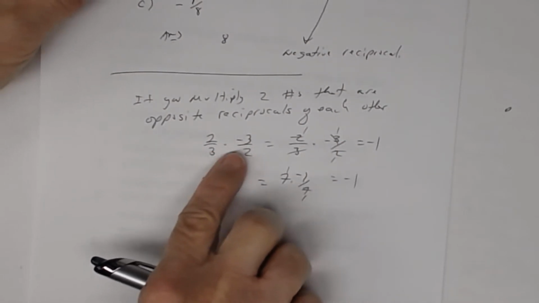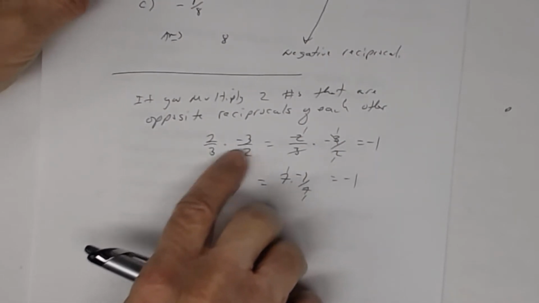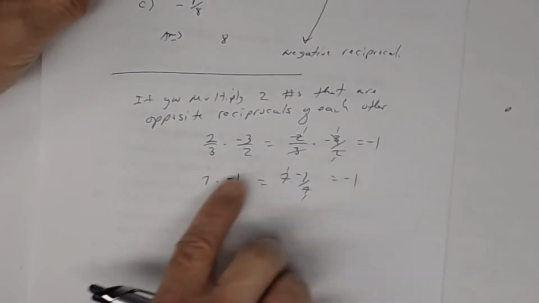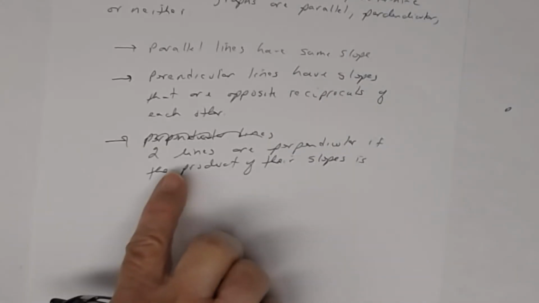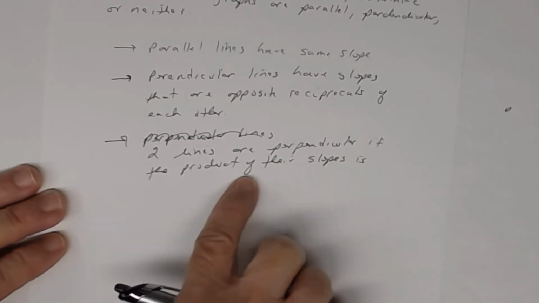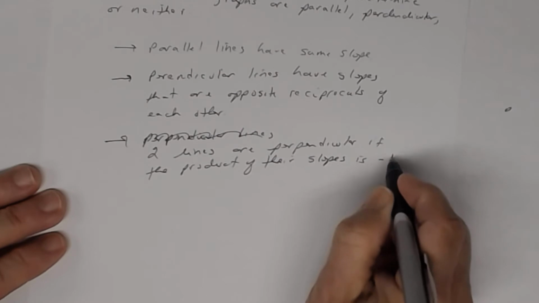So remember, two lines are perpendicular if their slopes are opposite reciprocals of each other, and so their product is -1, right? Okay, so two lines are perpendicular if the product of their slopes is -1.